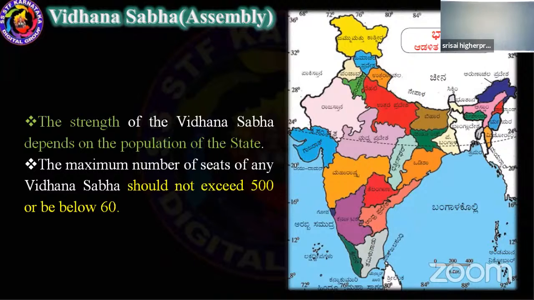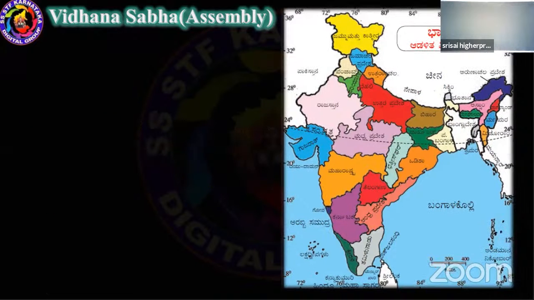But Sikkim and Goa are small territories, so their numbers are below 60 because the population is not more. Maybe around 40 in Goa.